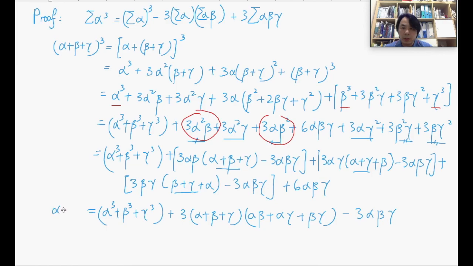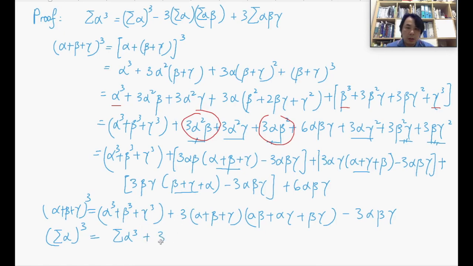I'll just rewrite this down here so that it's easier to see. And then thereafter we can actually use a summation notation to represent this. This is basically the sum of all of this cube. You can see this is the sum of all this. It's a short form way of representing this summation.